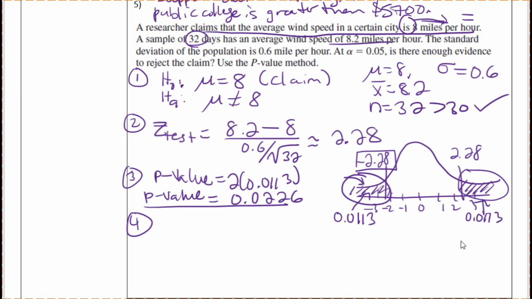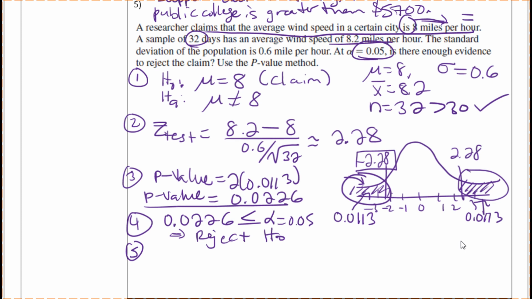Step 4, we're going to compare the p-value to our alpha. Our alpha here is 0.05. So the p-value is less than or equal to alpha, which is 0.05, which means that we reject. Therefore, we reject the null hypothesis. We're going to use the phrase, there is sufficient evidence. Since our claim belongs to our null hypothesis, H0, we're going to use the word reject.